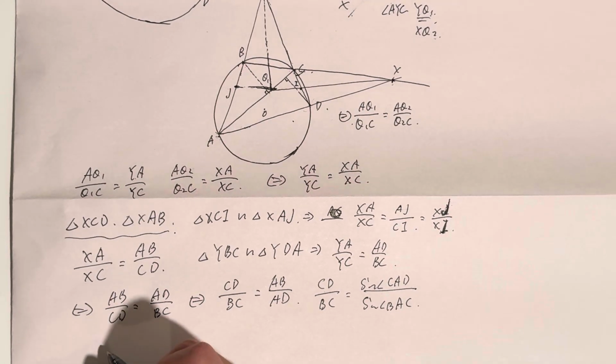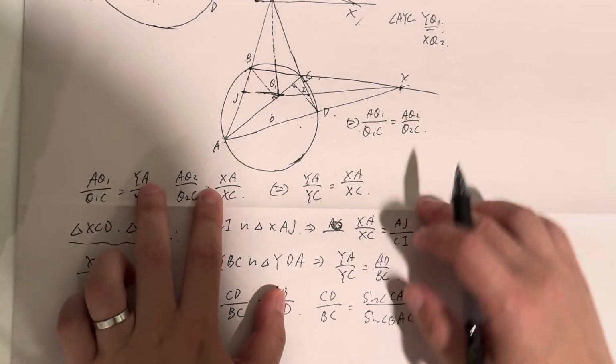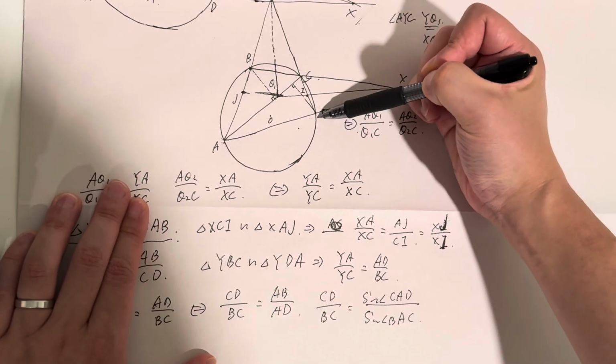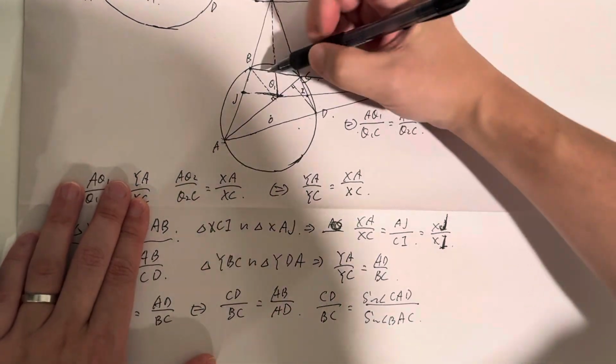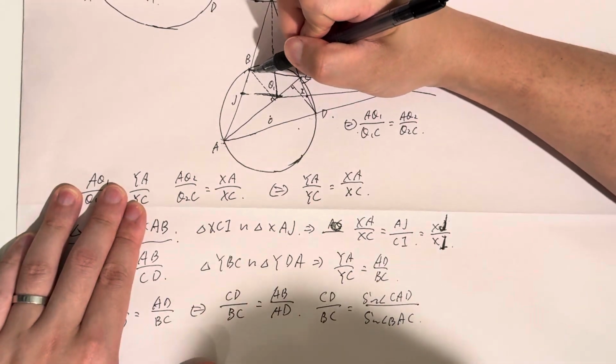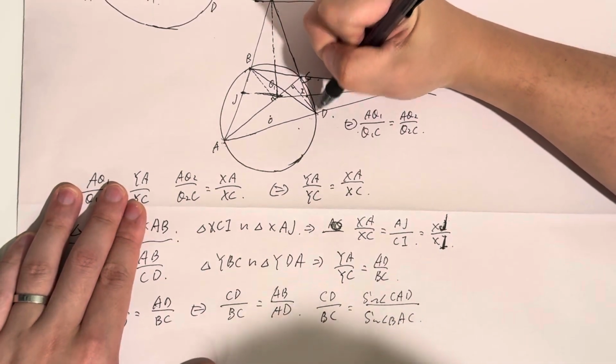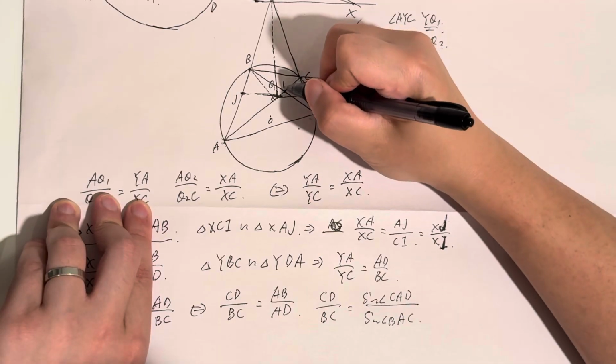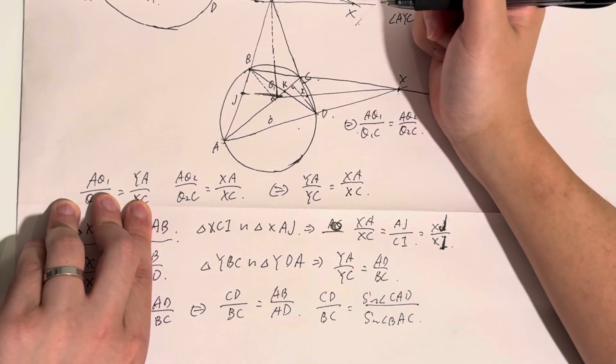And also we know that if we connect BD, okay, and BD meets AC at a point, let's call it K, okay?